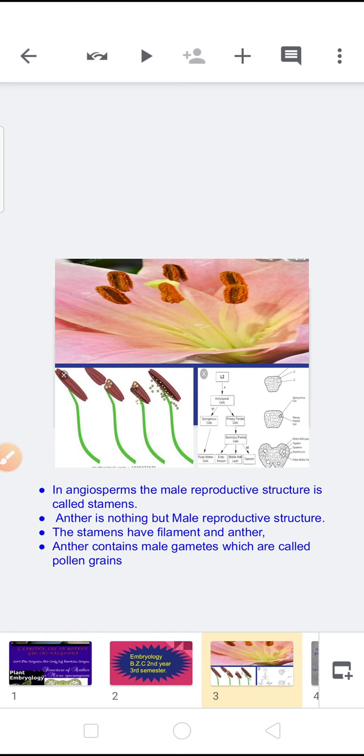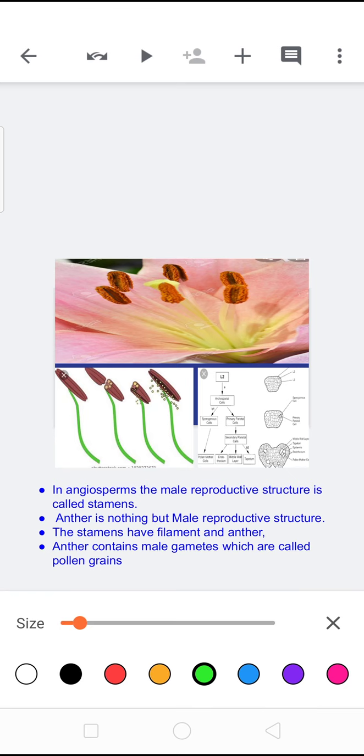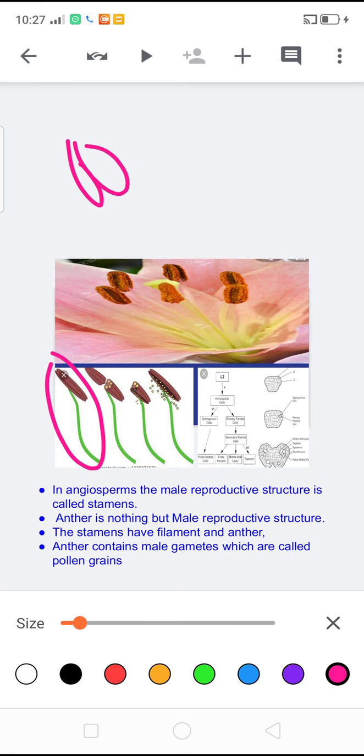Next, coming to our topic. In angiosperms, the male reproductive structure is called stamens. These are the stamens.